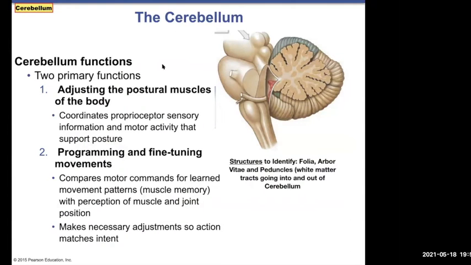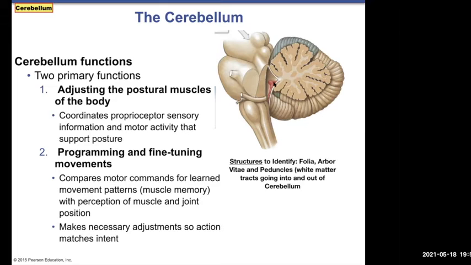In any case, for the cerebellum's functions, basically what you want to know is that it's adjusting the postural muscles at any given moment because it is getting in proprioceptor sensory information, all those spindle fibers and Golgi tendon things that tell you what your position and the tautness of your limbs are, which gives you a body sense. And it's also going to get input from your vestibular organ, right, about balance and equilibrium.